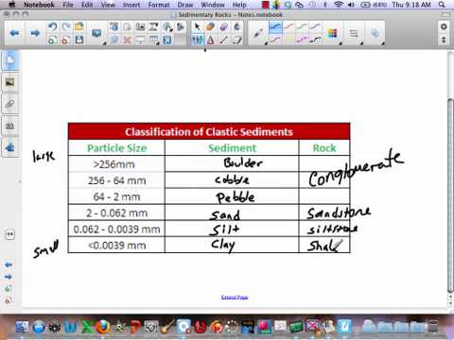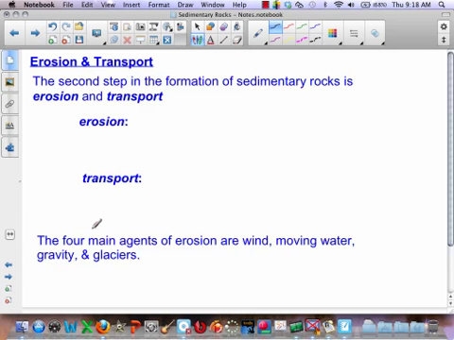So again, let's just make sure you guys understand we have different sizes of sediments, and then when those sediments actually make different rocks, that's how we get the different types of sedimentary rocks, completely based on that.